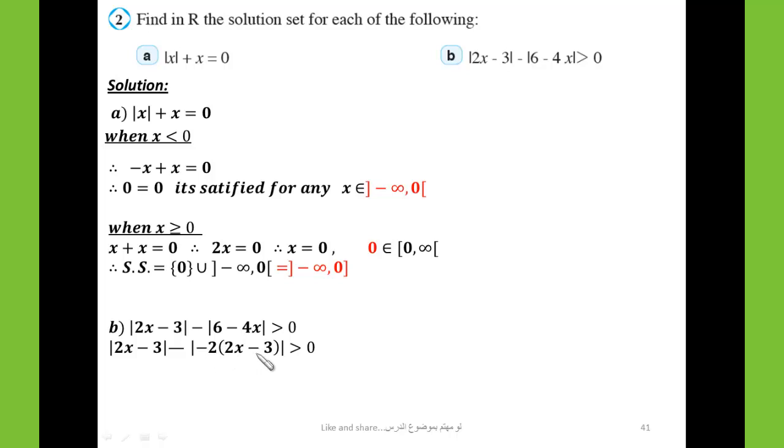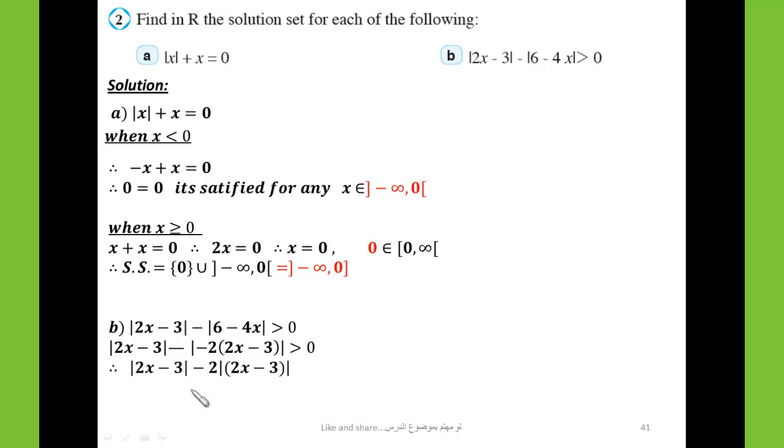The new absolute equals the original one. Multiplying negative 2 by 2x equals negative 4x. Multiplying negative 2 by negative 3 equals positive 6.